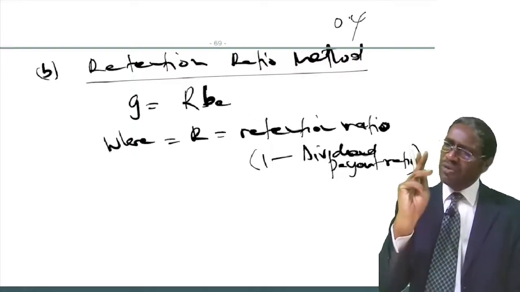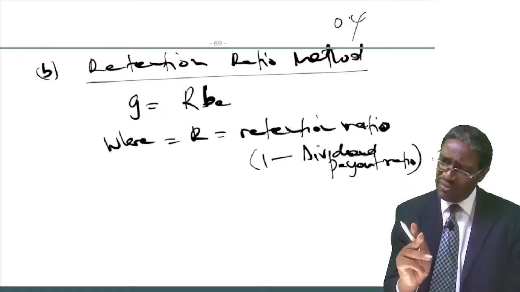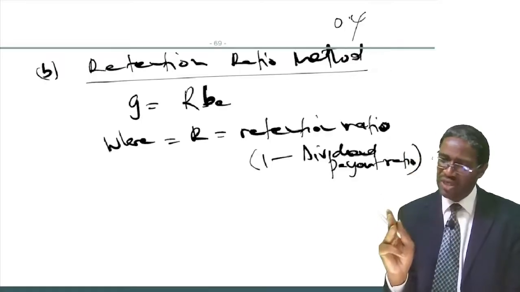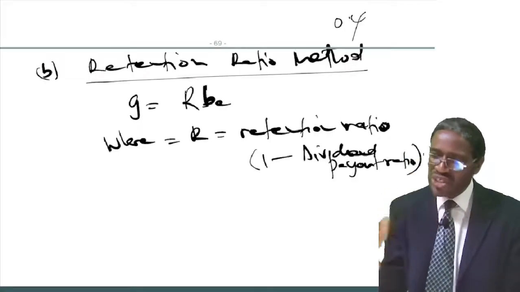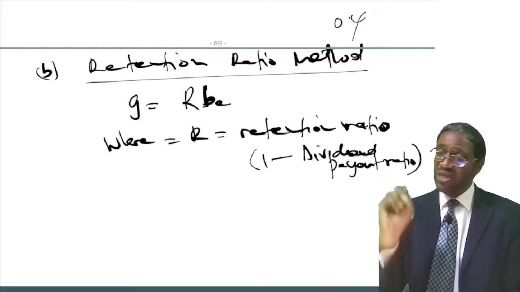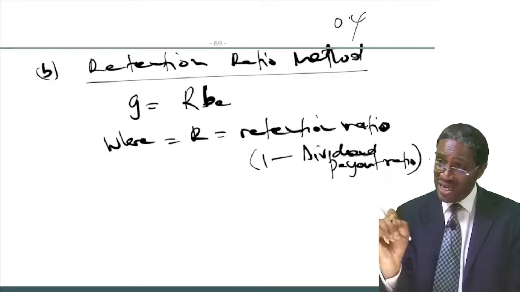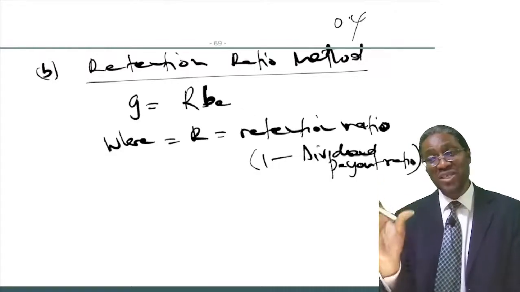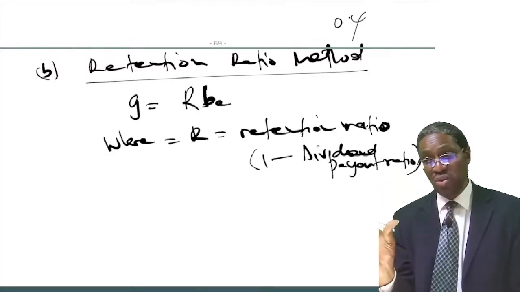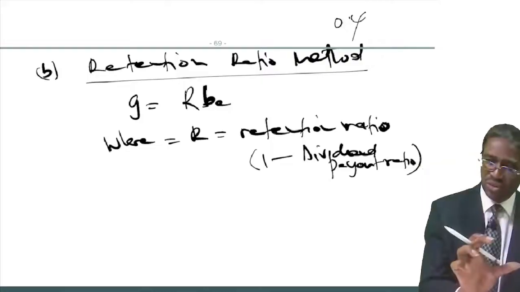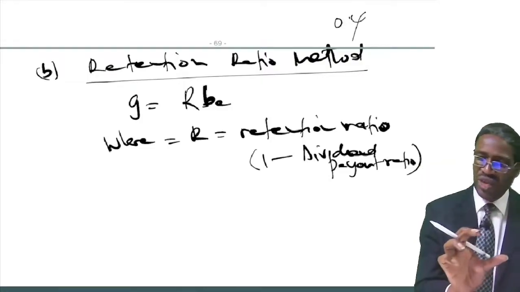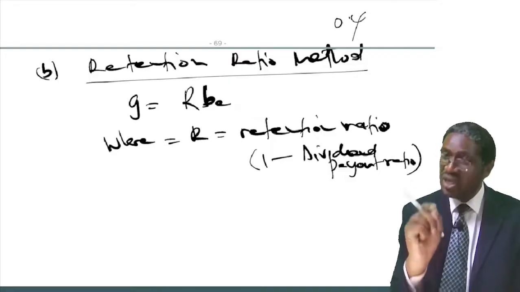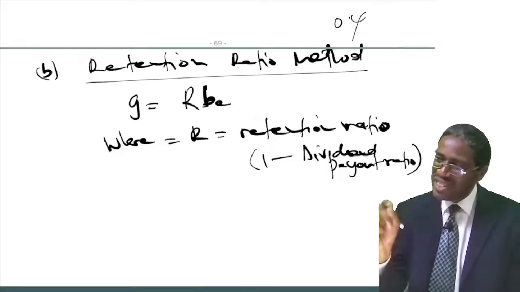But if we have an earnings per share of 5, and you paid a dividend of 2 out of 5, what is your payout ratio? It will be 2 divided by 5, that is 40%. So if 40% was the payout ratio, what was the retention ratio? The retention ratio, therefore, is 60%, which is the same as taking 1 minus the payout ratio.